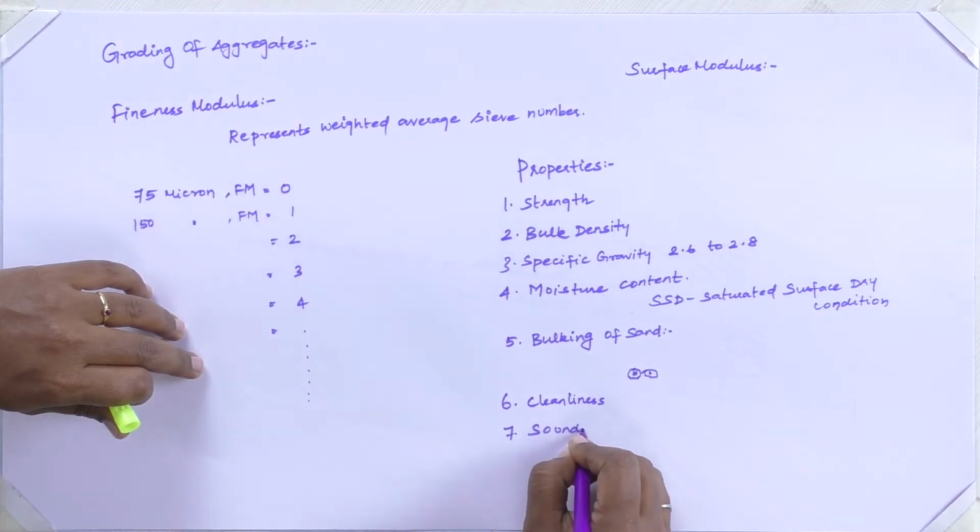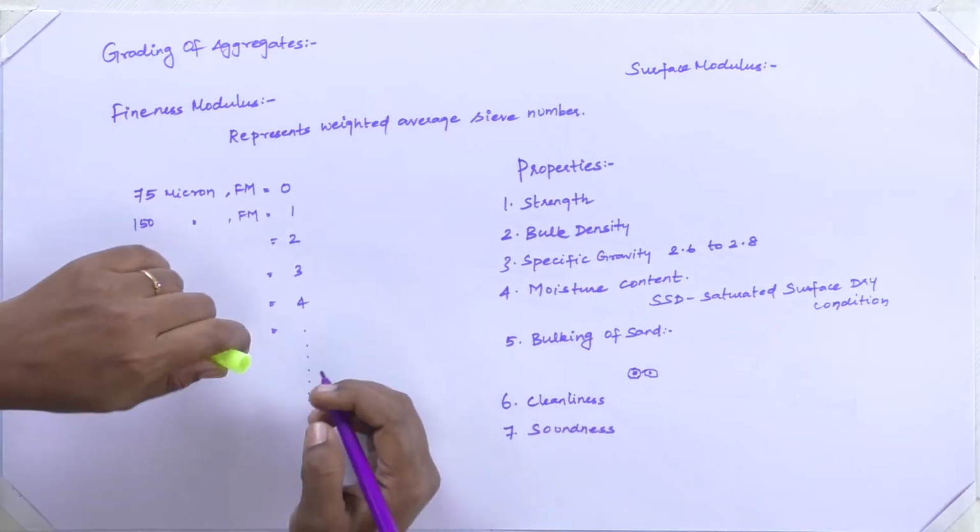Next, soundness. Soundness of aggregate refers to the ability of the aggregate to withstand volume expansion.